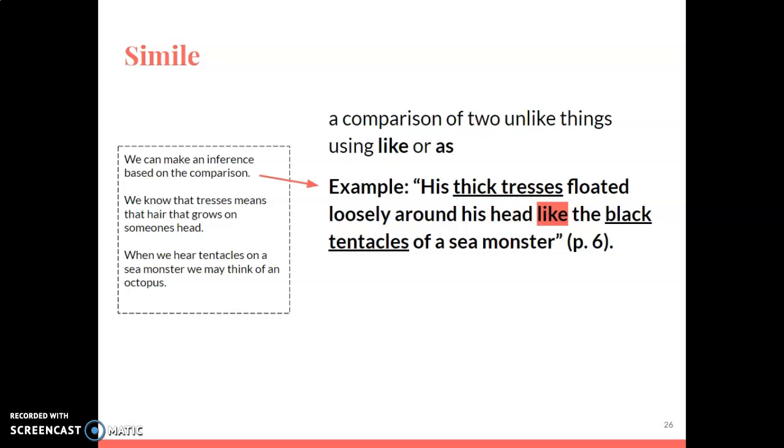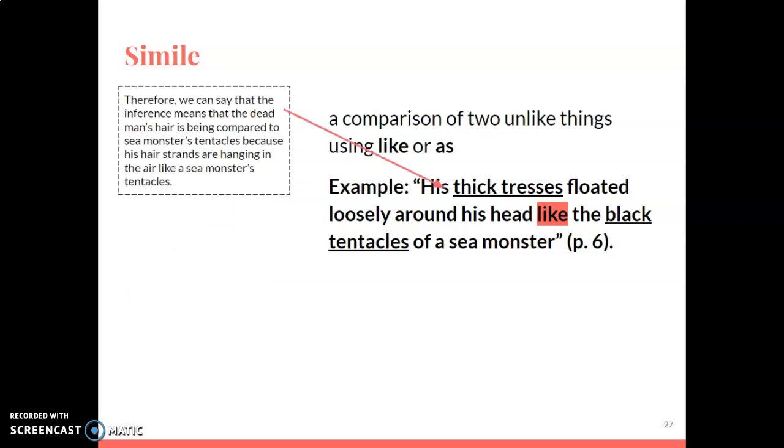We know that tresses is the hair that grows on someone's head. When we hear the word tentacles on a sea monster, we may think of an octopus or Ursula, if you've ever seen The Little Mermaid, right? Therefore, we can infer that it means the dead man's hair is being compared to the tentacles because his strands are maybe hanging in the water like the sea monster's tentacles would be.